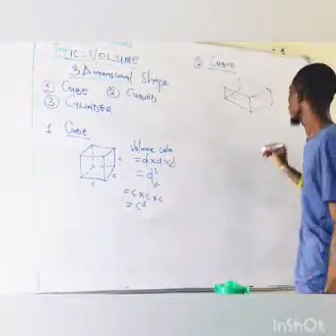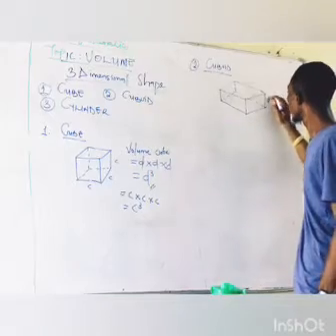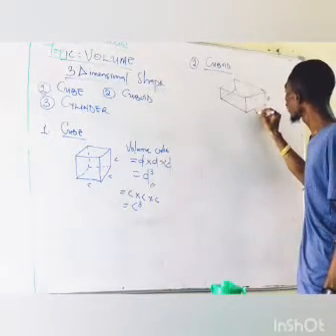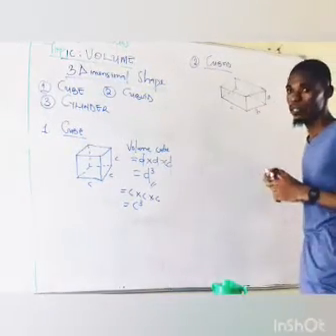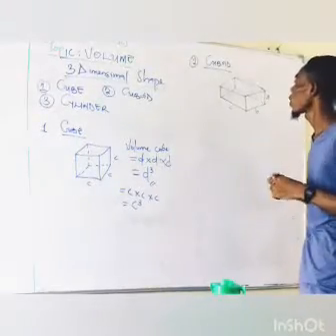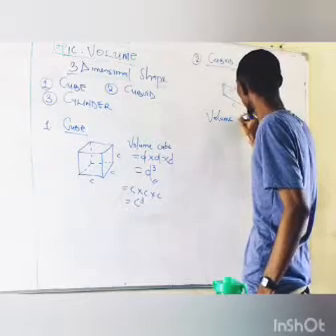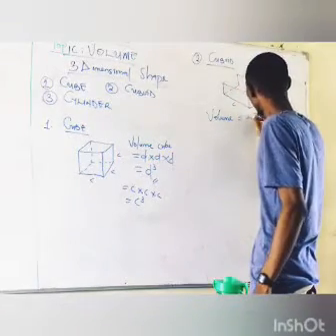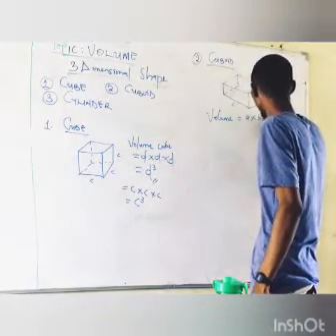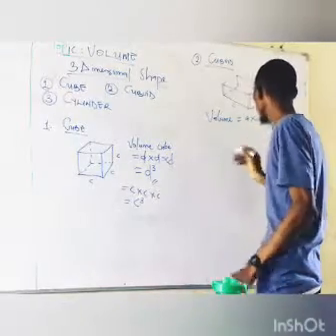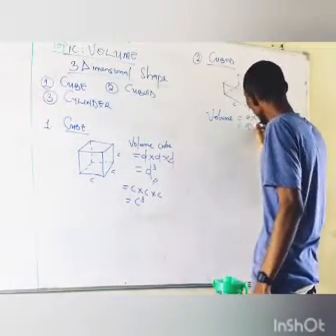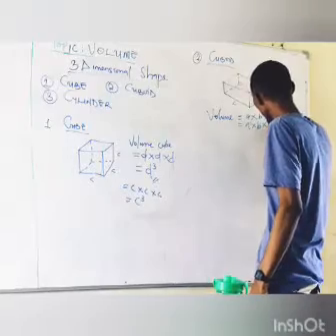Yeah? And this side is labeled A. This side is labeled B. This side is labeled C. Let's assume this is the shape of our cuboid. Now the volume of the cuboid will be what? This A multiplied by this B multiplied by this C. Very simple. So it's going to be A times B times C.